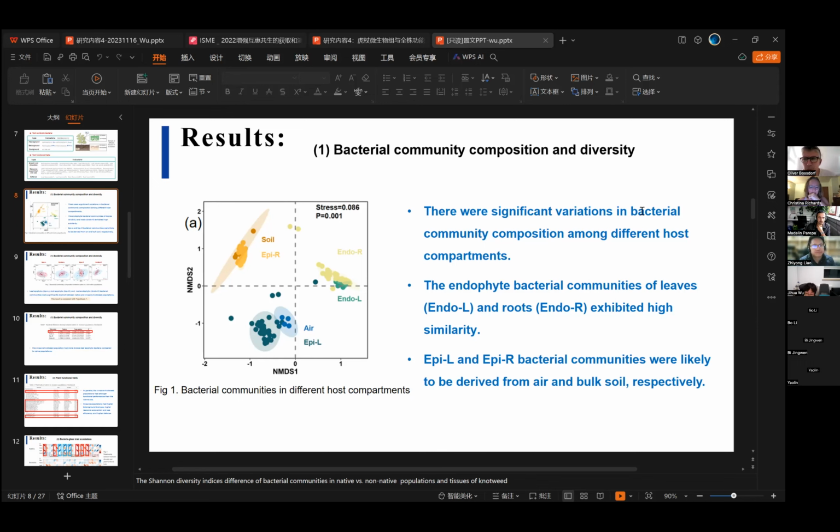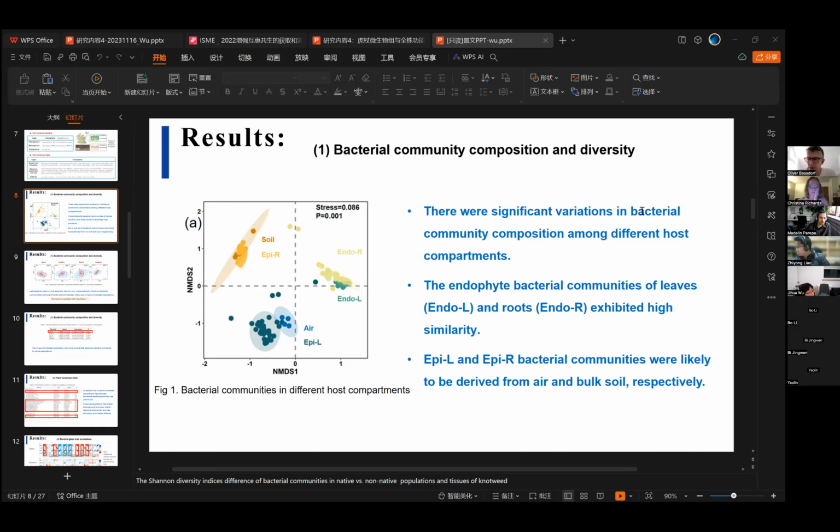I just have one small technical question. It was too quick at the beginning. So the experiment was only spontaneous colonization of bacteria, right? So you just planted the plants in the garden, and all the bacteria that occurred was spontaneous colonization, right?